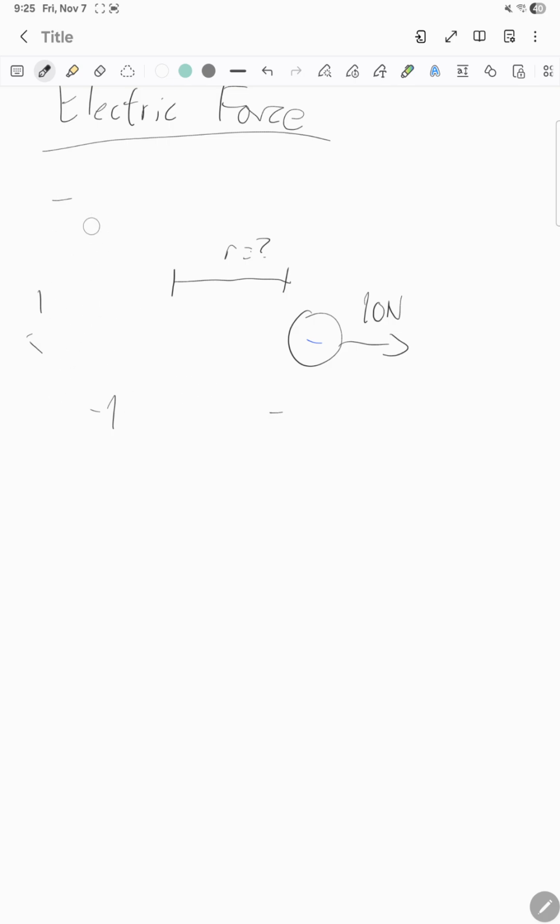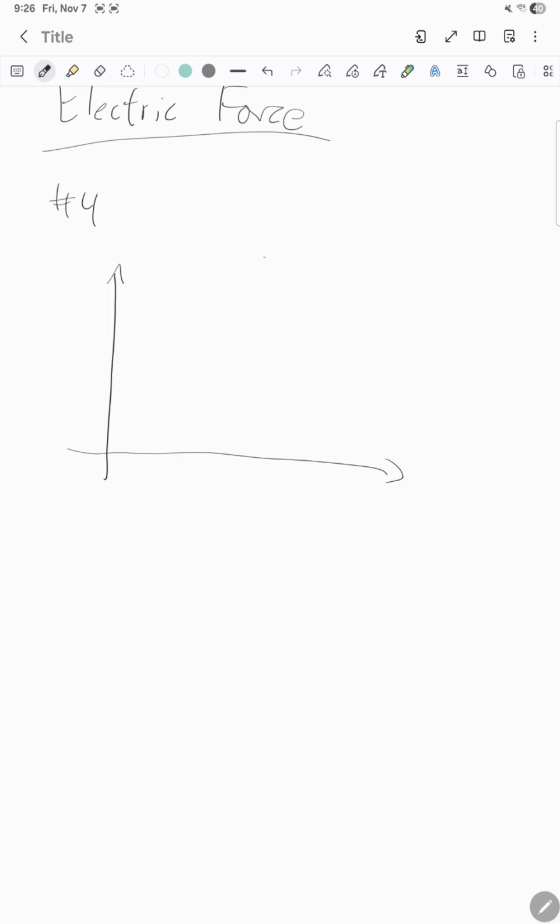Alright. Now let's get to a bit harder problems. This is for number 4. So we'll have on a sort of Cartesian plane 3 particles.